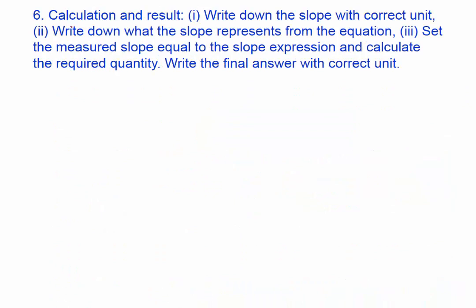All right, what's the next step? The next step is calculation and result. Write down the slope with the correct unit now. So I say I have slope equal to, what did we use? 5 Newton to the -1, second to the -2.